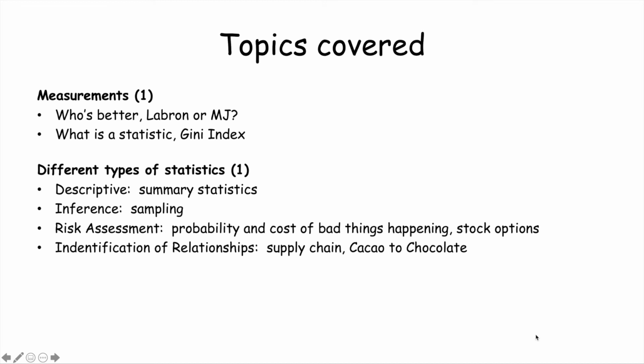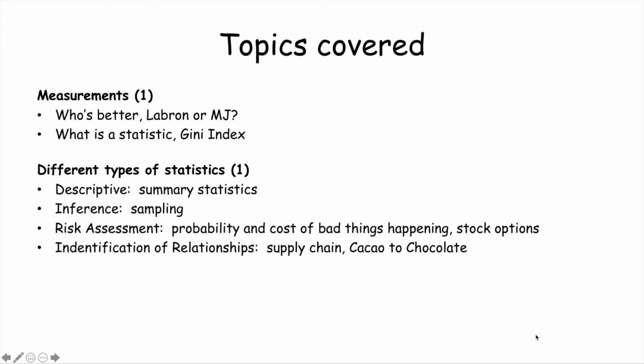We talked about risk assessment. We talked about the probability of bad things happening. And we spoke briefly about this idea of stock options, right? The more risky something is, you can protect that, but the more money you're going to pay associated with protecting against bad things happening.